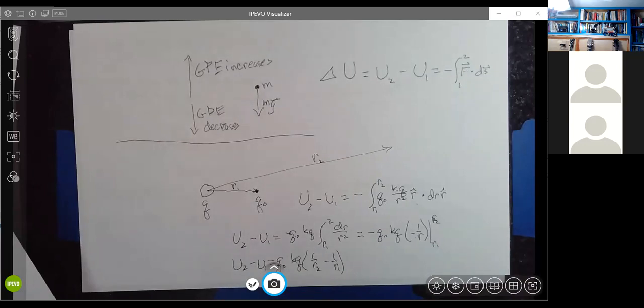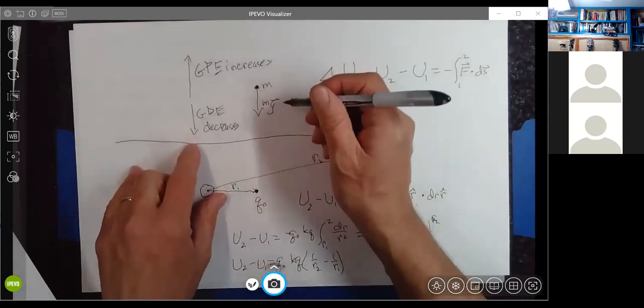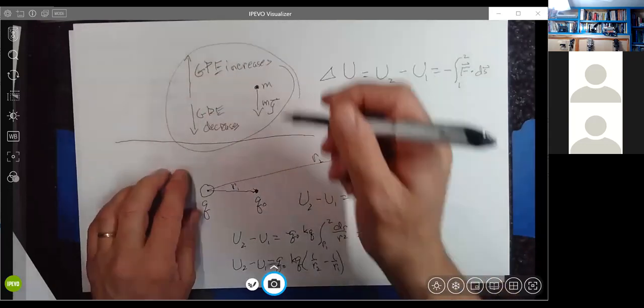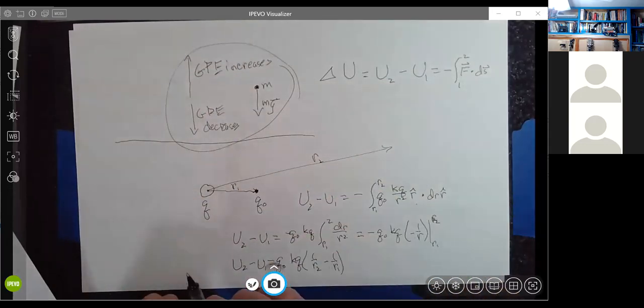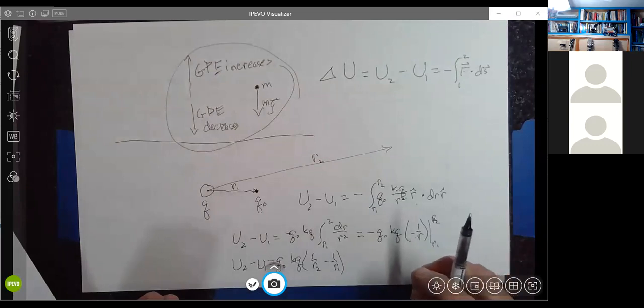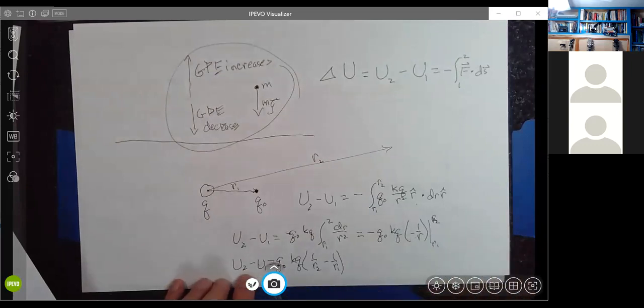Now, suppose I decided to let R2 be infinity, and I make the choice that the potential energy will be 0 when it gets out there to infinity. This is very much like the choice we made with gravitational potential energy, when instead of this situation we looked at moving a small distance compared to the Earth's radius, and we ended up with a different sort of expression.